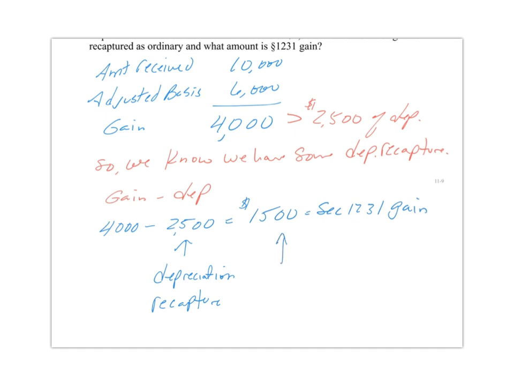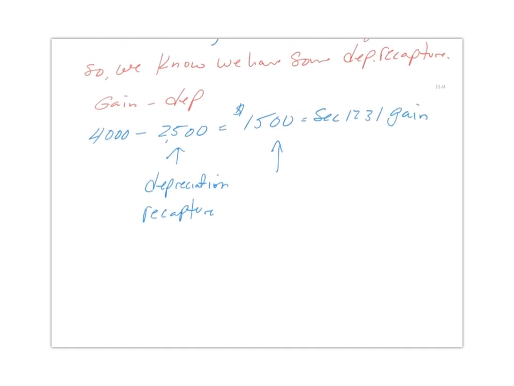So this is taxed at ordinary rates, and this is taxed at long-term capital rates. Okay?